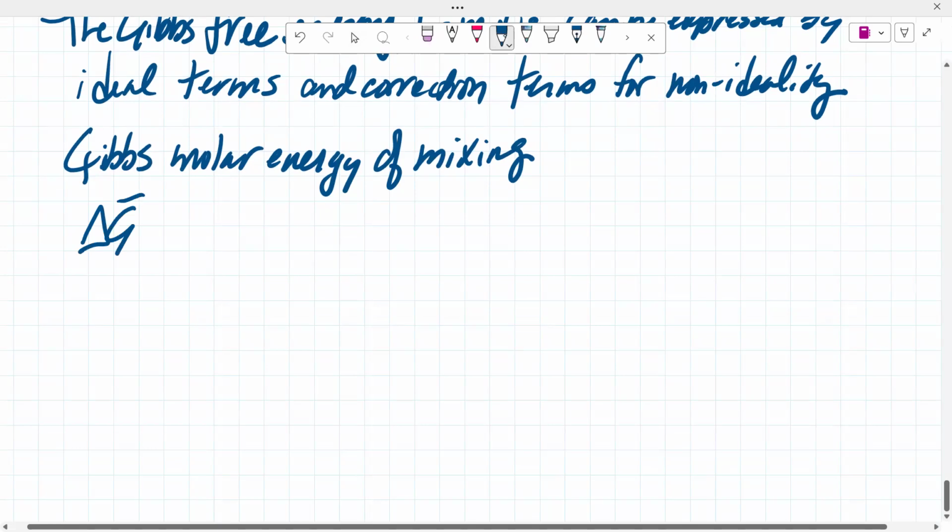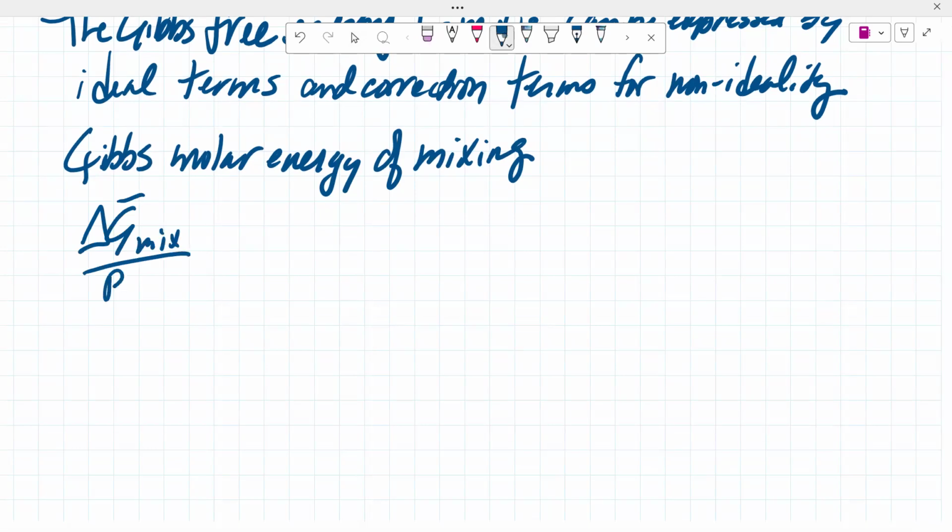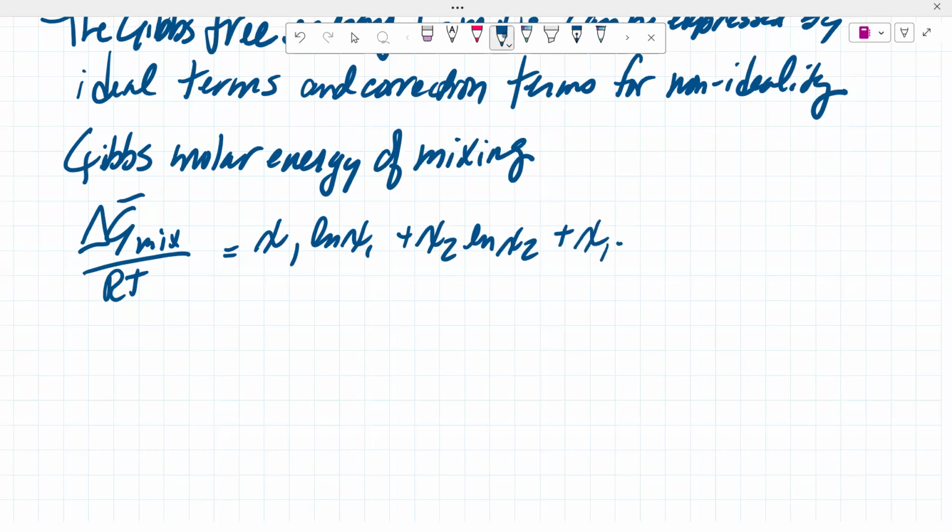So delta G bar, so this is molar, of mixing over RT equals chi1 ln chi1 plus chi2 ln chi2 plus chi1 ln gamma1 plus chi2 ln gamma2.